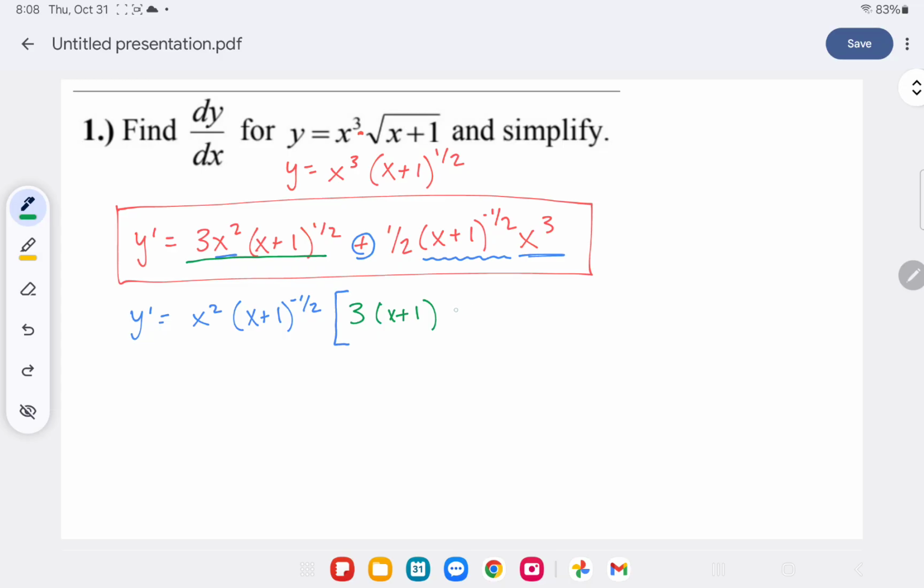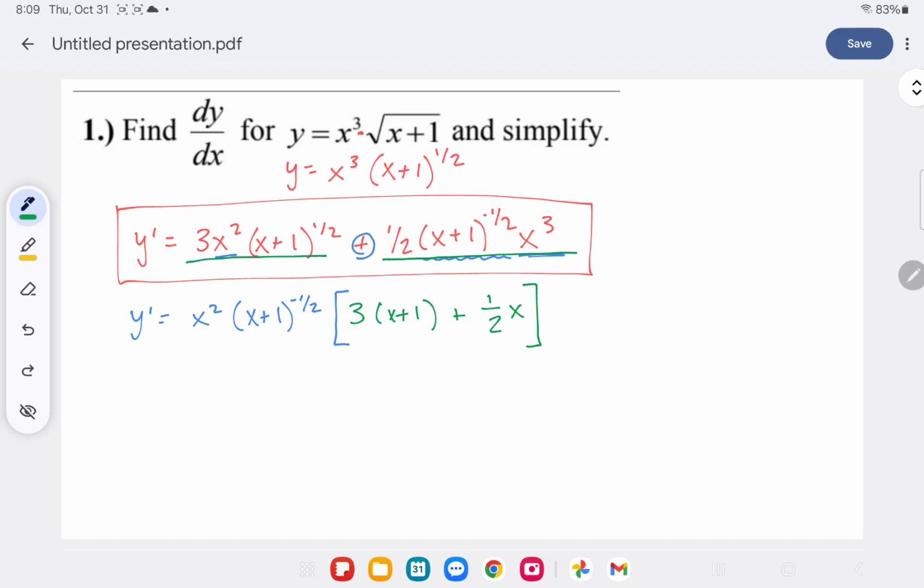Then in our second term, when I divide this whole thing by x squared and x plus 1 to the negative 1/2 power, we have that 1/2 x. We have an x left over. And that's it, because x plus 1 to the negative 1/2 divided by x plus 1 to the negative 1/2 is just 1.